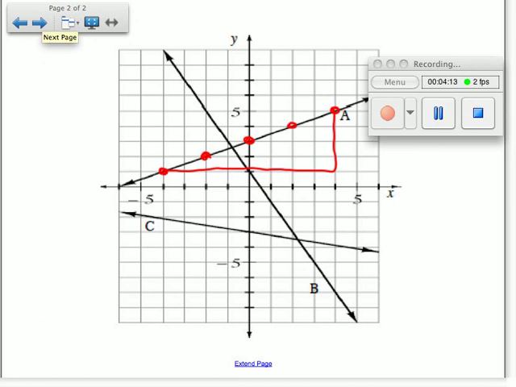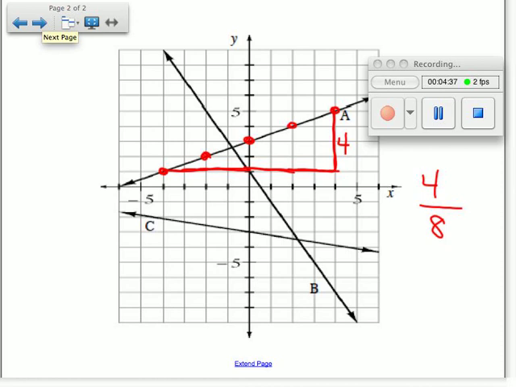Here's my slope triangle. Then find the vertical change. So you're counting blocks. 1, 2, 3, 4. That's the vertical change, or the rise over the run. 1, 2, 3, 4, 5, 6, 7, 8. 4/8.